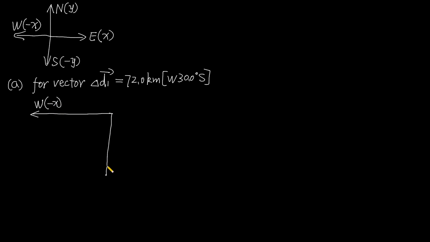This is south, also negative y direction. Now the direction of vector delta D1 is west, 30 degrees toward south, so it should be here. This is the vector delta D1, and this angle is 30 degrees.